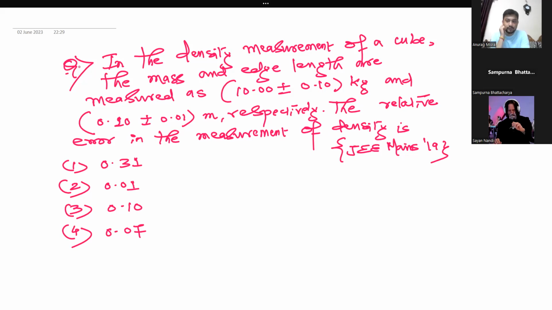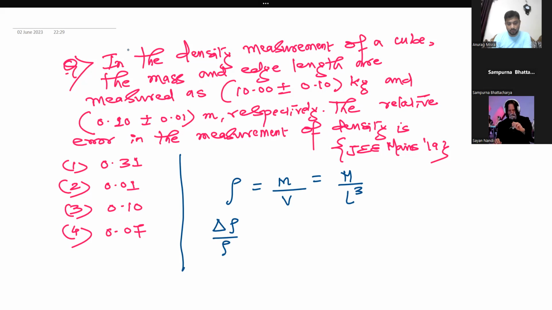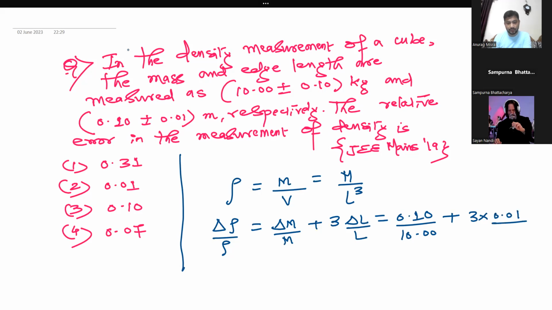So how will we solve it? Very simple. First of all, we have to look at the formula for density. We know that density equals mass by volume, and the volume of a cube is L cubed. So it is in division form. What will be the formula for errors? We know that del rho by rho will be equal to del m by m plus 3 del L by L. Del m is the mass error, 0.1 kg, and the true mass is 10.00 kg, plus 3 multiplied by delta L, which is 0.01, divided by 0.10.